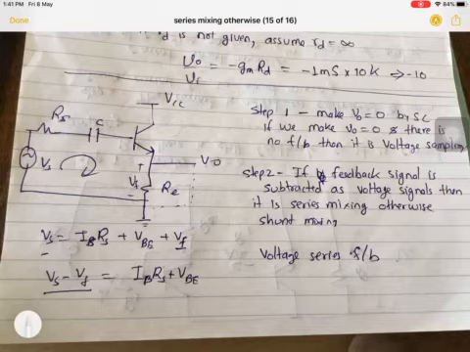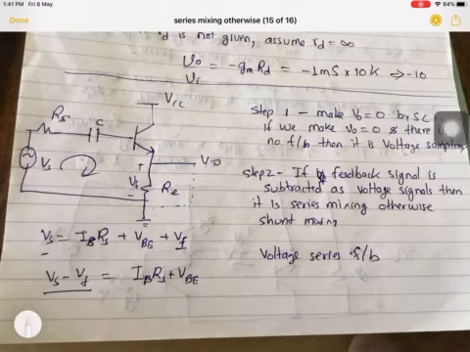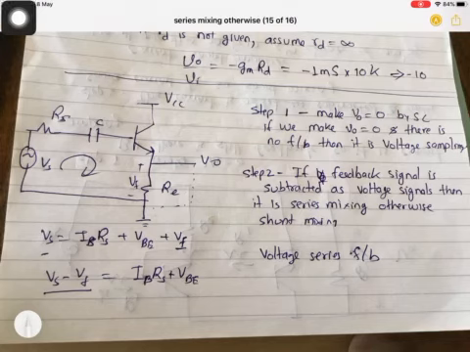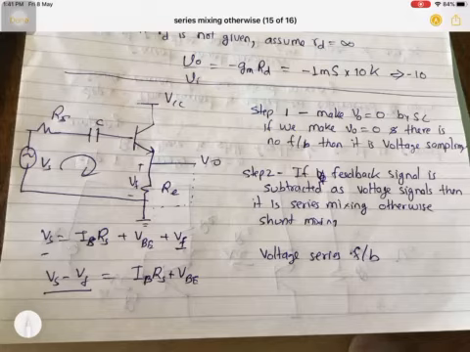What is V0? The output voltage. Hypothetically, assume that V0 is 0. We can short it with respect to ground. Make V0 zero by short circuit. If we make V0 zero and the feedback goes to zero, then it is voltage sampling.